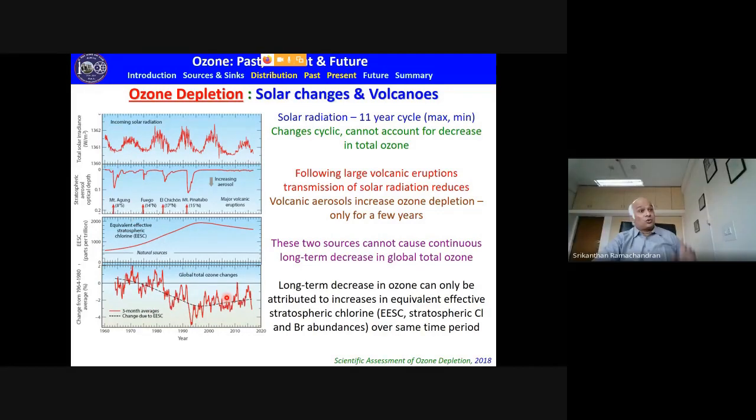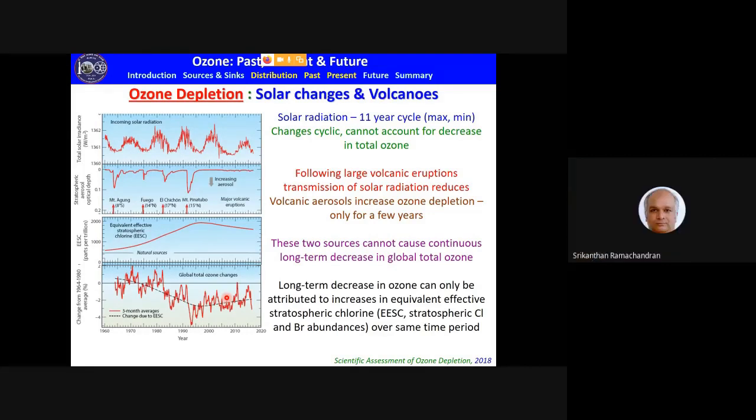So the ozone was decreasing already, and further, it gets added to by the volcanic eruptions. Now, both of them are not able to reproduce the gradual, consistent decrease that is happening. Therefore, the long-term decrease in ozone can only be attributed to the increases in the stratospheric chlorine, that is the chlorofluorocarbons, over the same time period.